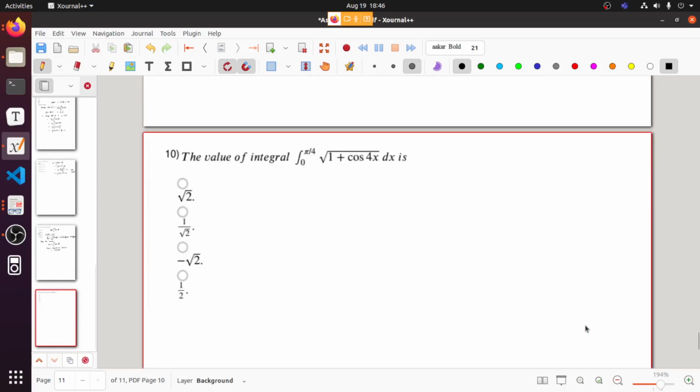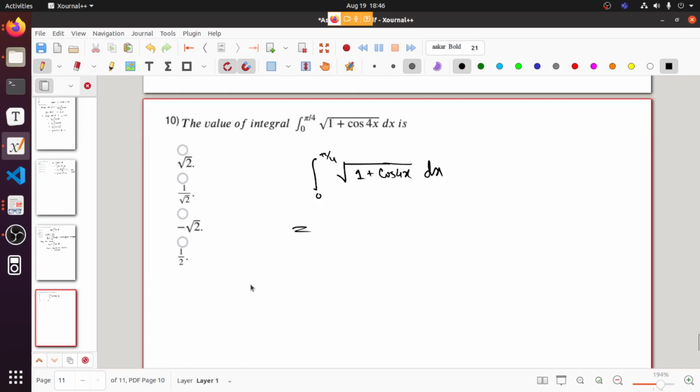Now come to the last question. Here you have to find the value of the integral from 0 to pi by 4 of square root of 1 plus cos 4x dx. How to do this? Just use the formula for 1 plus cos 4x.